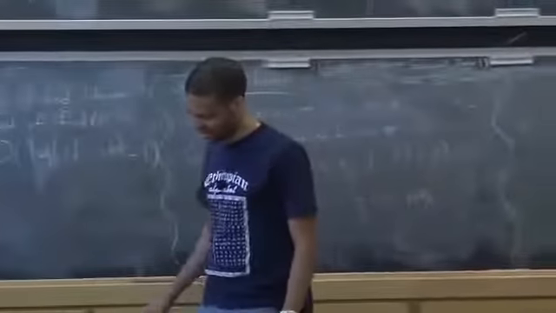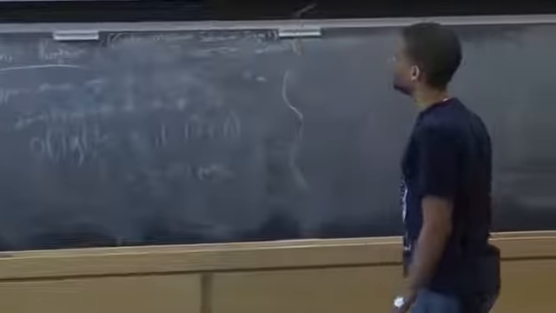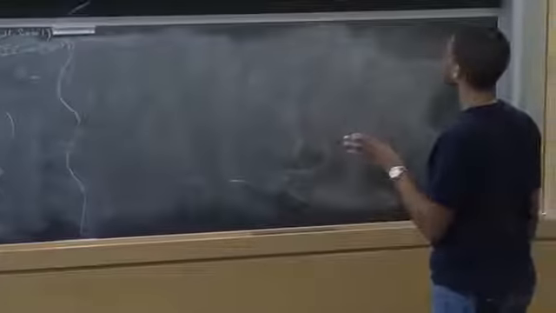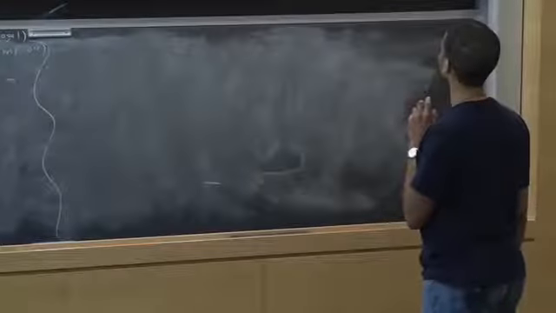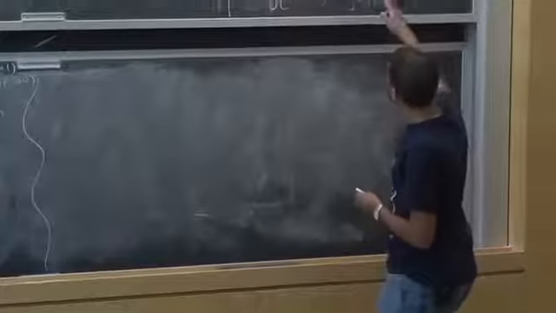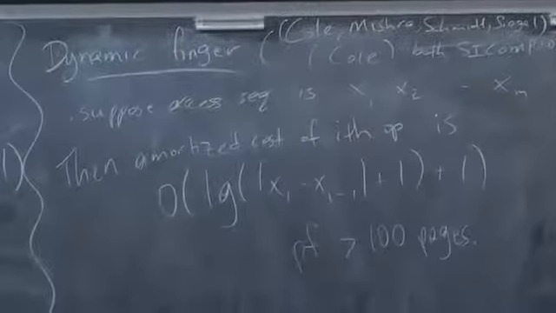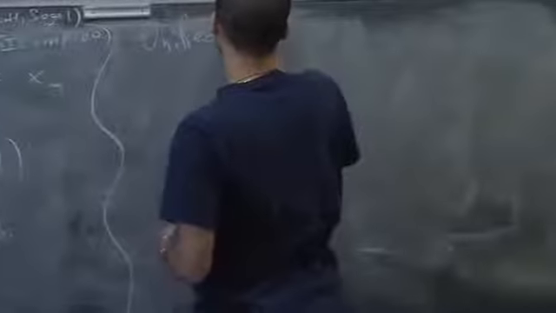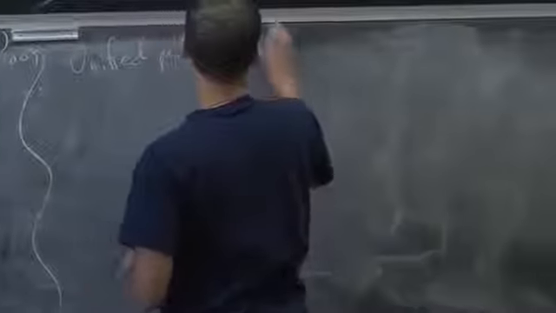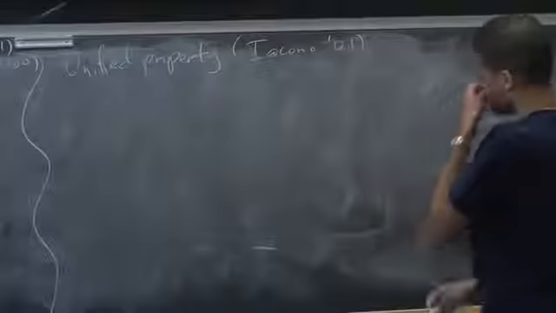I want to say there's also something called the unified bound, which tries to unify the dynamic finger property with the working set property. Instead of paying log of one thing, you basically pay log of the sum of these two things. This was introduced by Iacono in 2001.